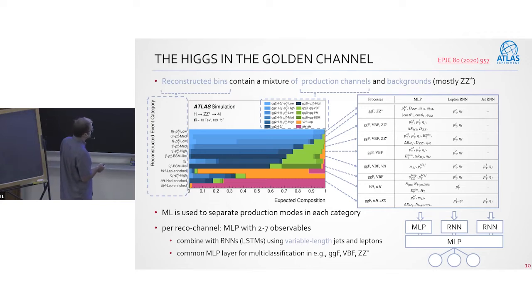And those are trained together with dense layers that are put together in this topology, and then multi-classification of the different production modes, gluon-gluon fusion, vector boson fusion, and a background category is attempted.